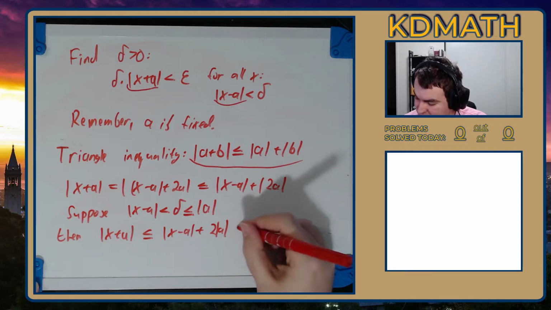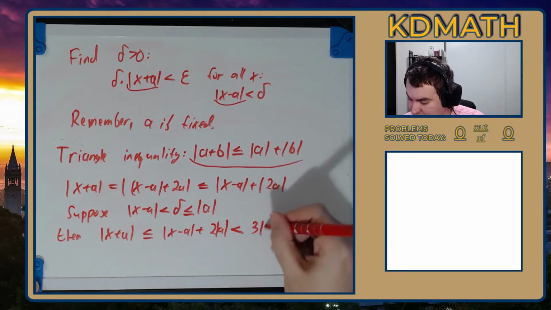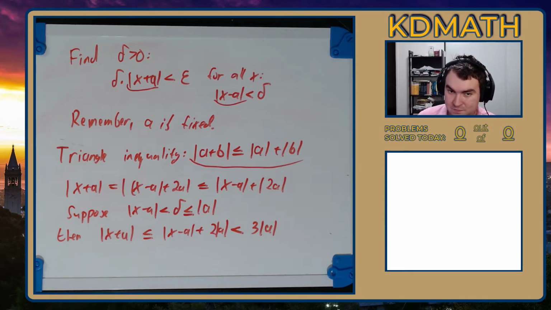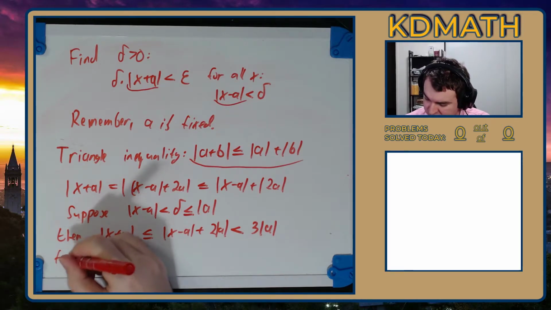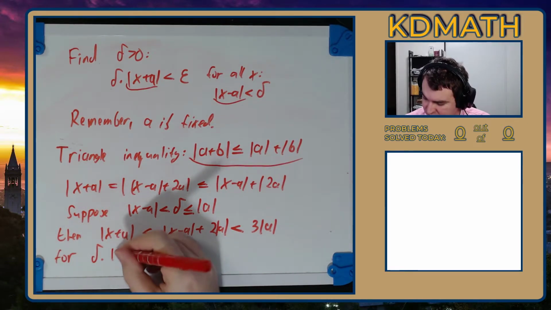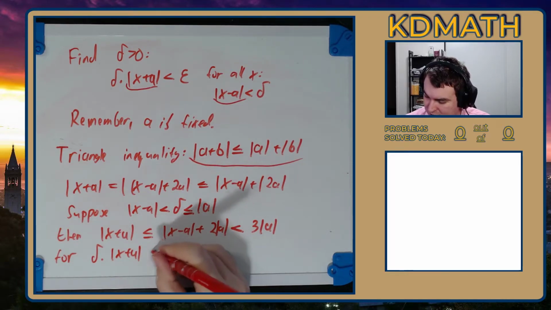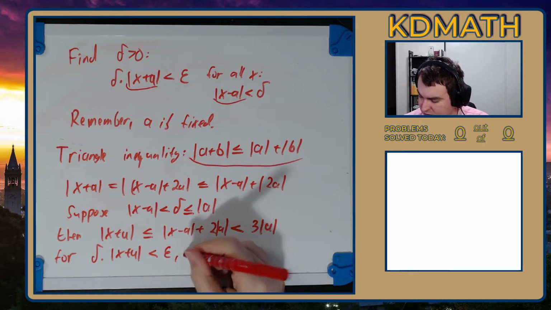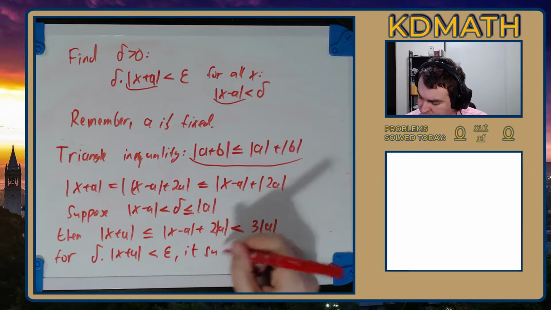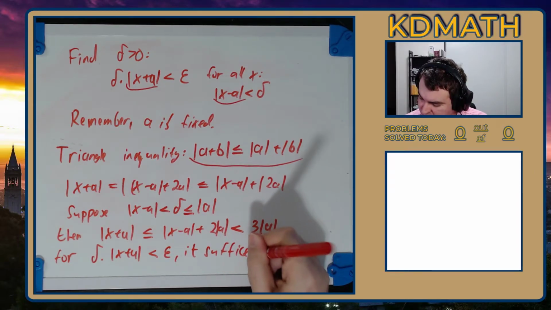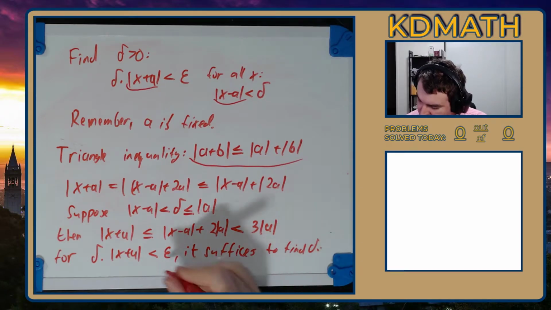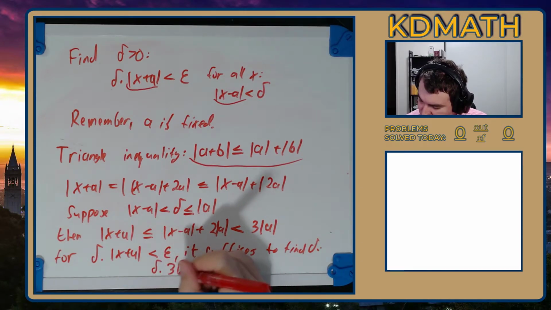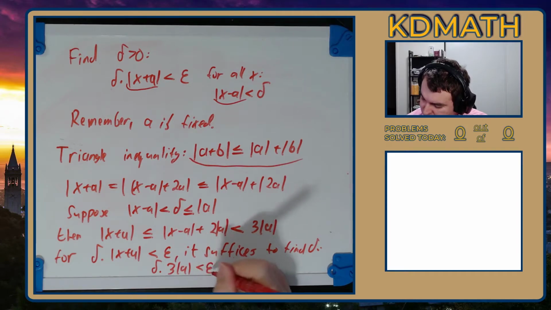And then this becomes strictly less than 3 times the absolute value of a. Okay. And now for delta times the absolute value of x plus a to be less than epsilon, it suffices to find a delta such that delta times 3 times the absolute value of a is less than epsilon.